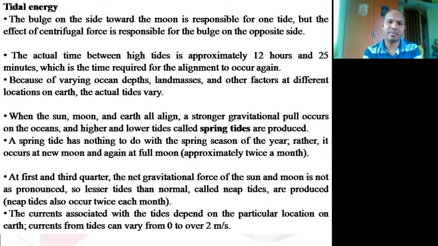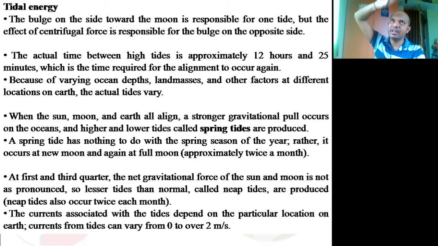Once every 15 days we get a new moon. On the first day, soon after the new moon, you can mark the point where the tides have reached. As it keeps progressing, by the middle of the 7th or 8th day it will be at a minimum, and after the 7th or 8th day it keeps increasing. Whenever the tides reach higher than the sea level, we call it a flood tide, which follows a sinusoidal pattern.